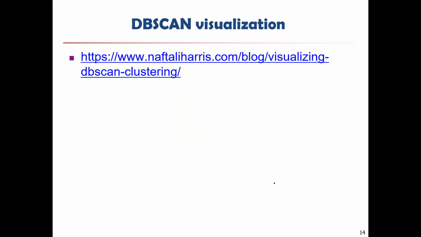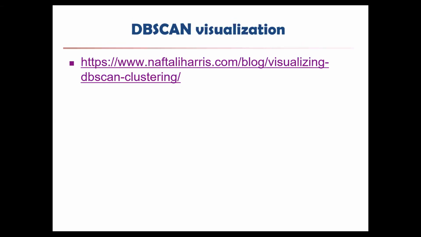We can illustrate this concept with this animation, which I really like to show you guys. So let me exit the presentation. Okay, it is coming up, and I would like to illustrate how epsilon and minimum number of points are affecting your end result.